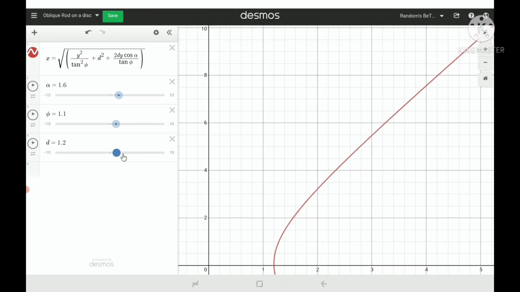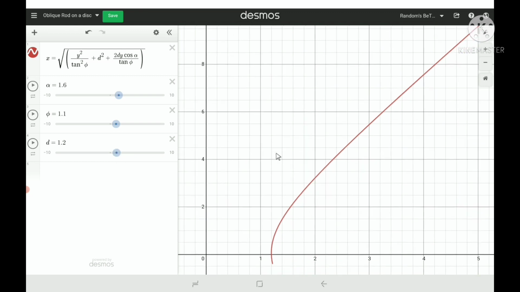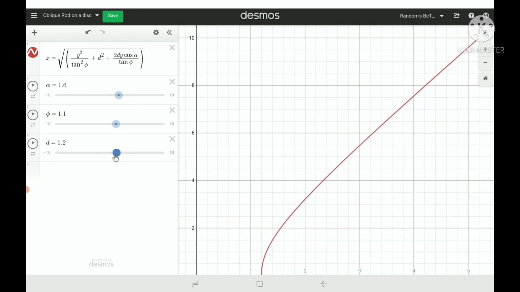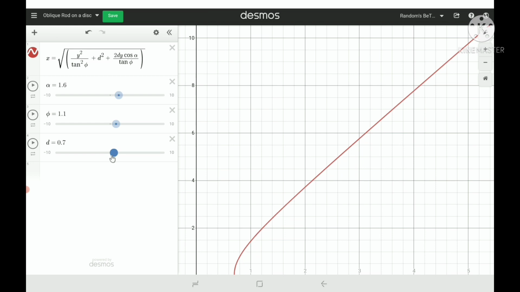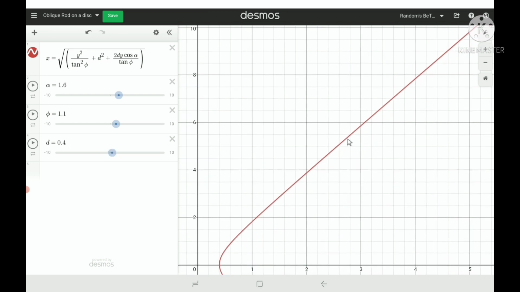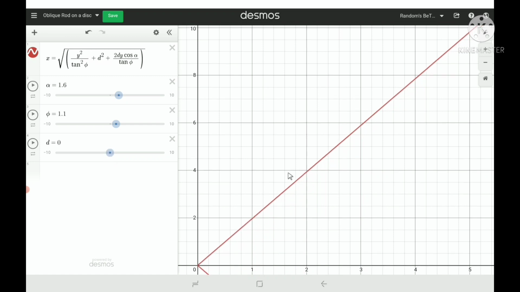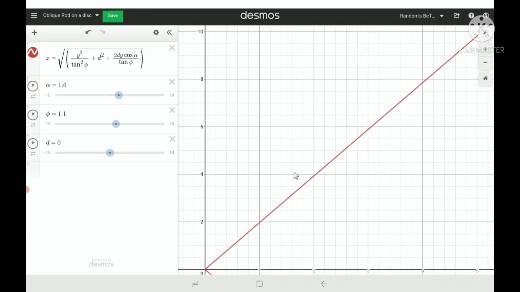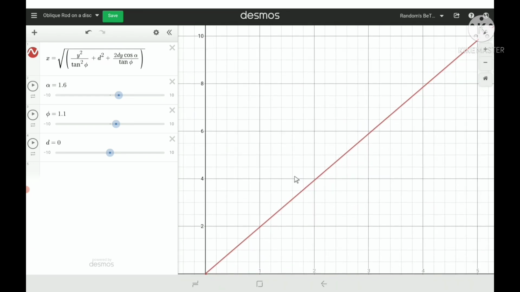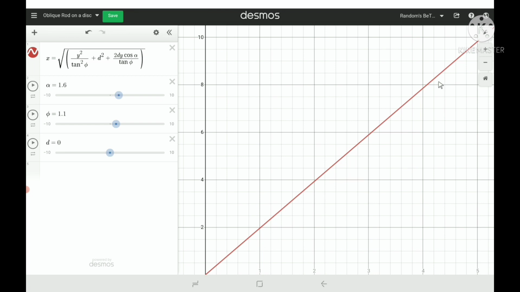Nothing much to say in this. One thing that I can show you is when you tend d to be 0, the curve actually tends to be a straight line, and our intuition sets in. Like I can show you, if I just look at the upper part of the curve, as I said, it's a straight line.